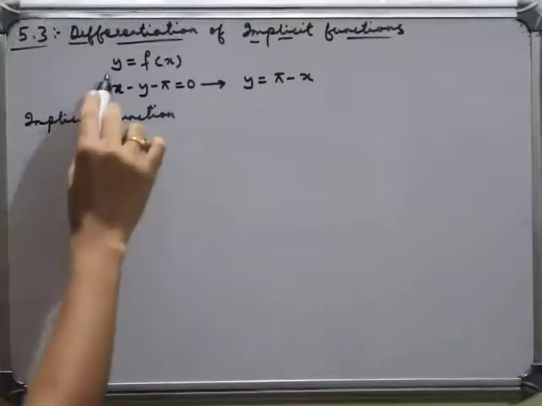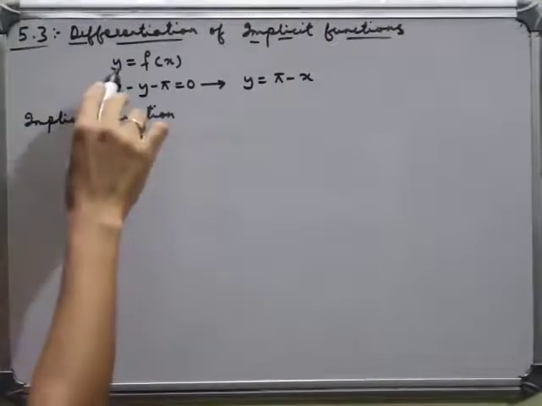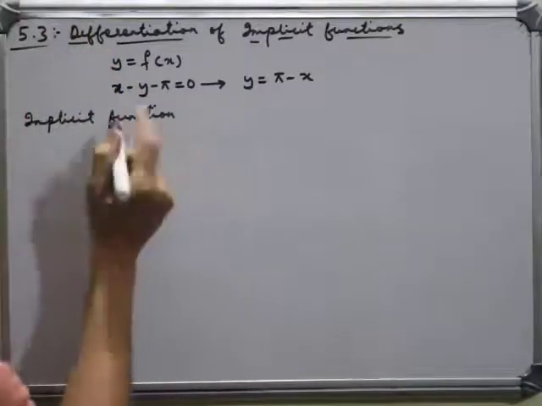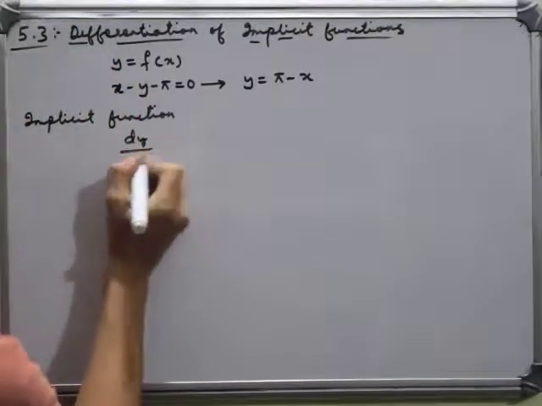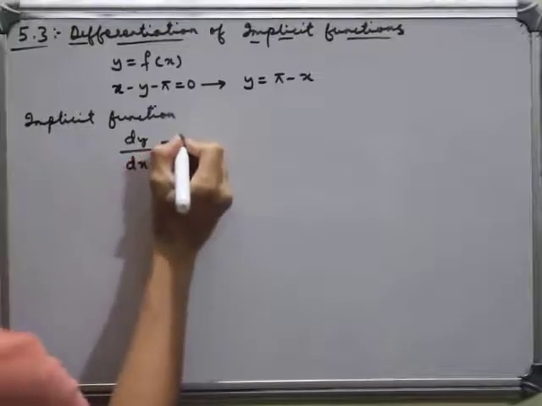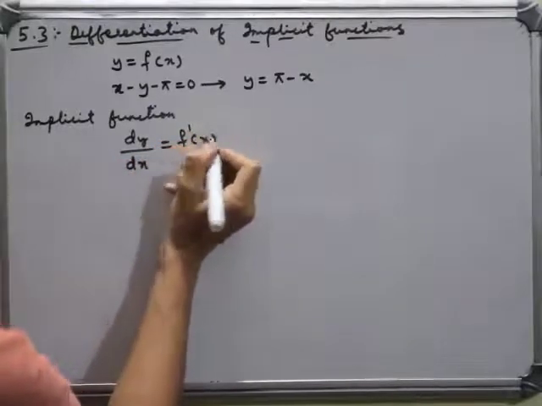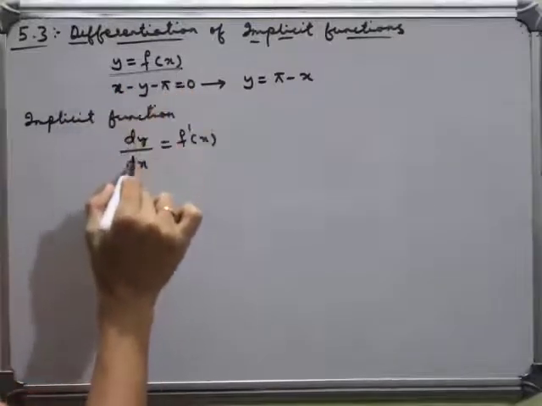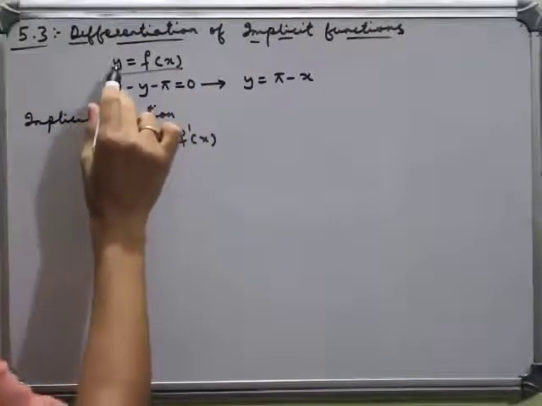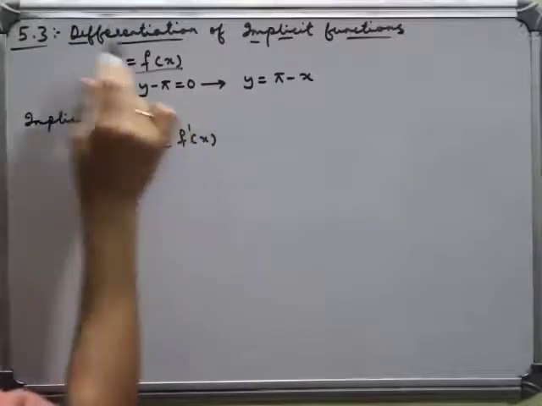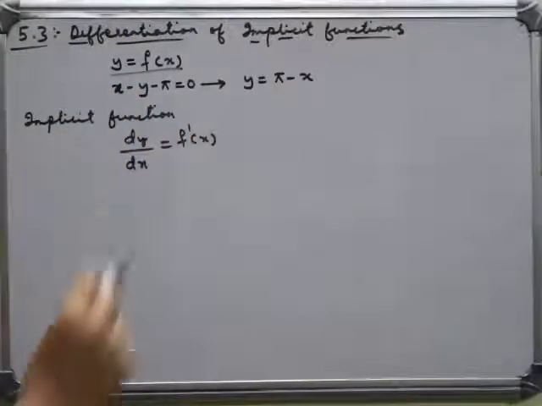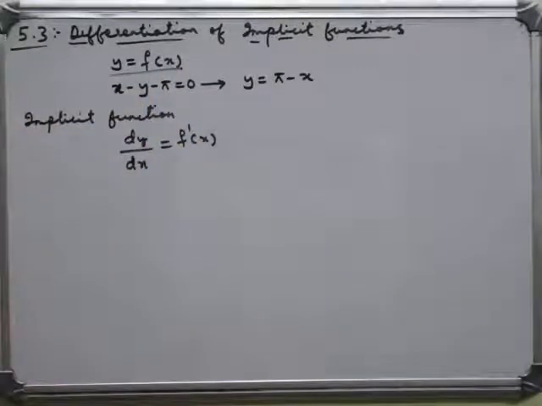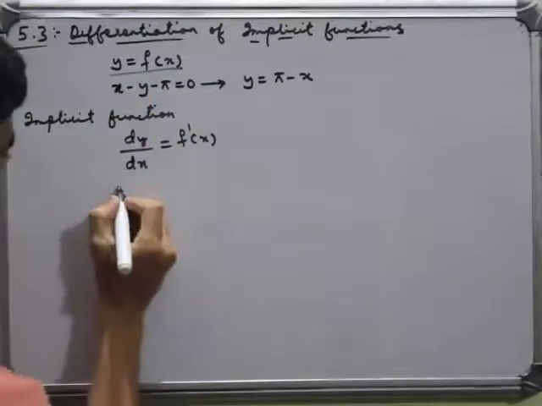We used to write y is equal to f of x, and when we find the derivative, what will we write? Dy by dx is equal to f dash of x. I am talking about this function. If I want to differentiate this, I will write dy by dx, that is differentiation of y with respect to x, is equal to f dash of x. F dash of x refers to the derivative of this function. Okay. So now say I have sin y.